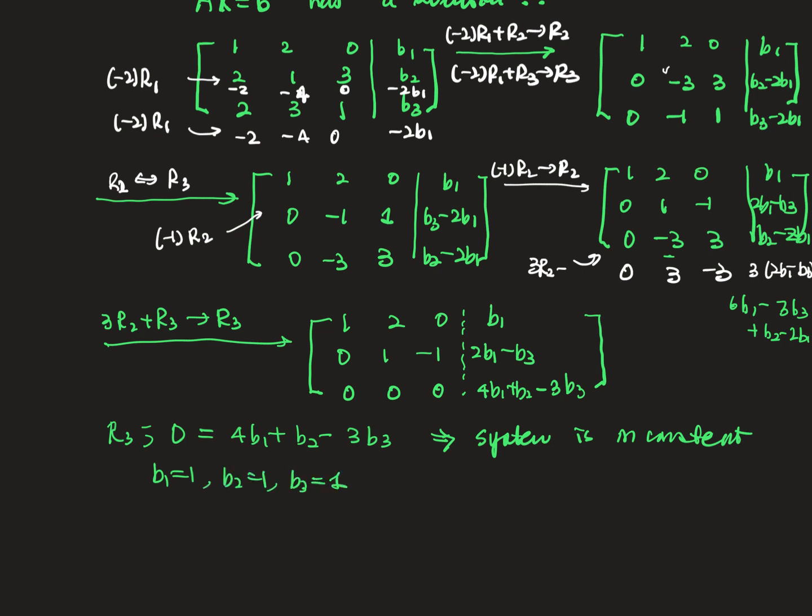When you plug in here, 4 plus 1 minus 3, that's going to be 2. 2 cannot be 0. So in that case, the system is inconsistent. So what are you going to say? AX equals B does not have a solution. Okay? That's how you solve this problem.